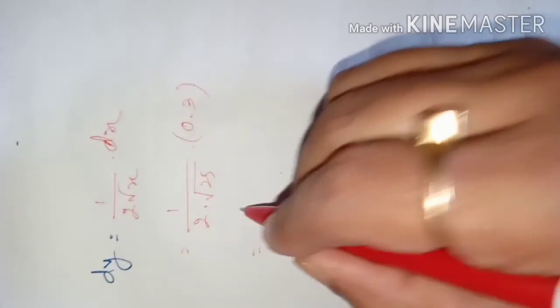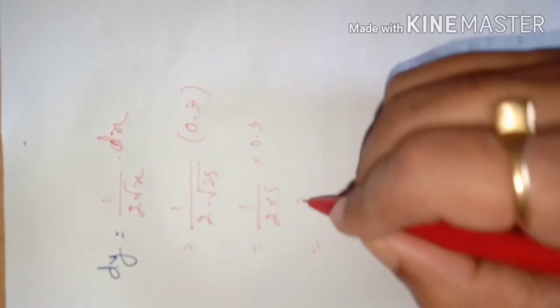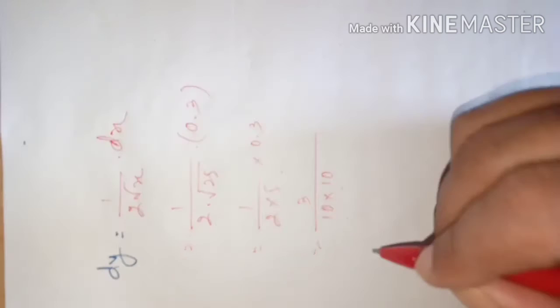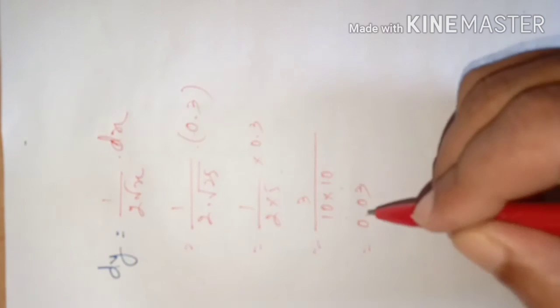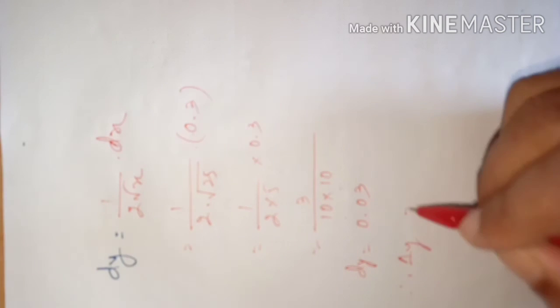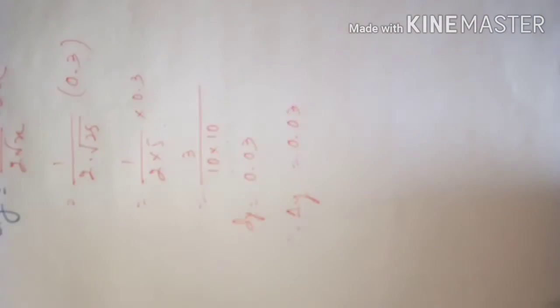So it will be equal to 1 by 2 into 5 into 0.3. That is 3 by 2 fives are 10 into 10, which is equal to 0.03. So that is dy. Therefore delta y is equal to 0.03.